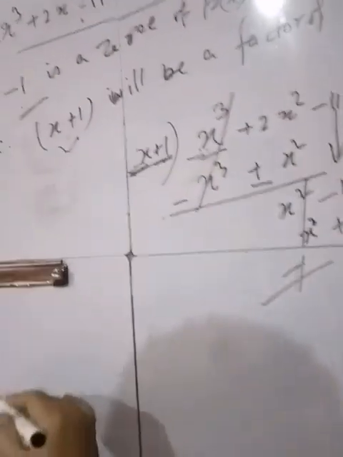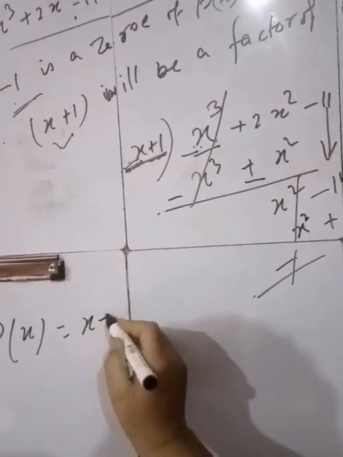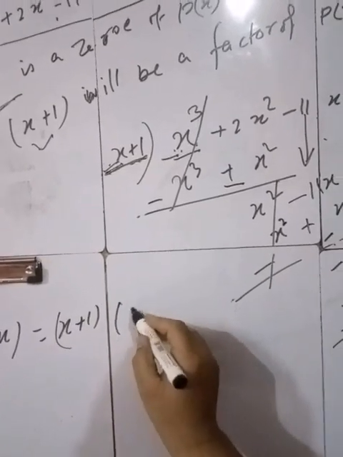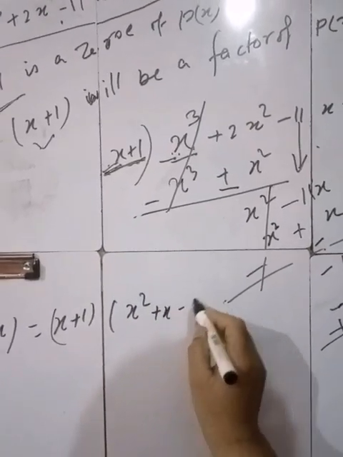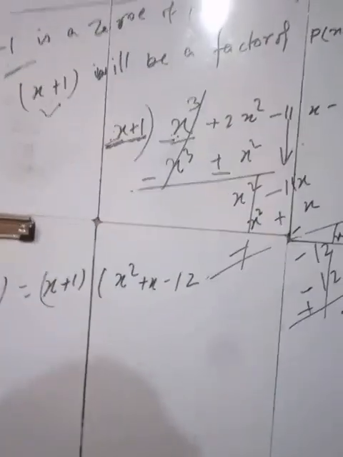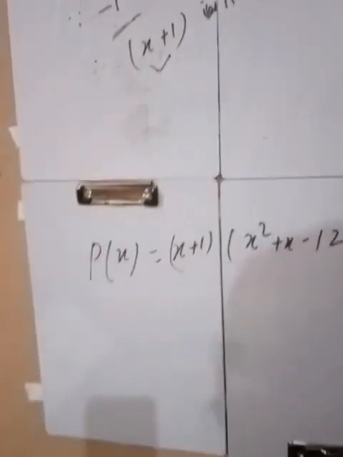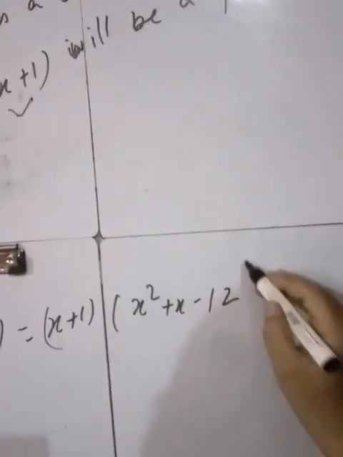So now we'll write directly here: P(x) is equal to x plus 1 as a factor, and another factor is x square plus x minus 12. So I hope you have understood till here. Now I am omitting this. Now I go for further factorization.